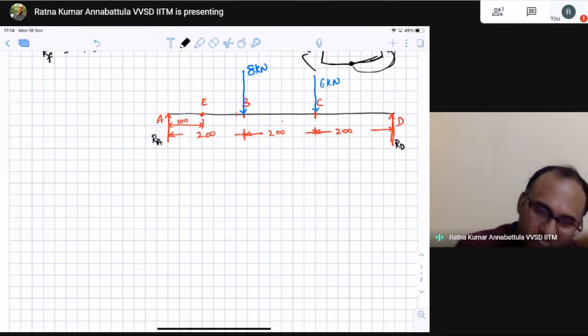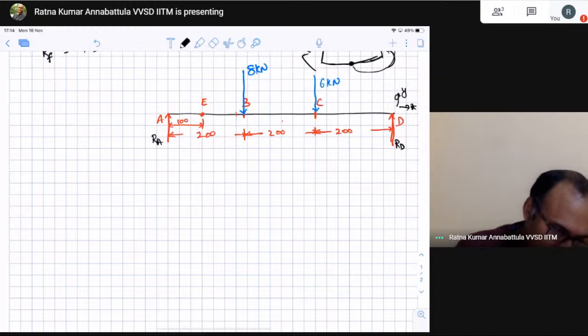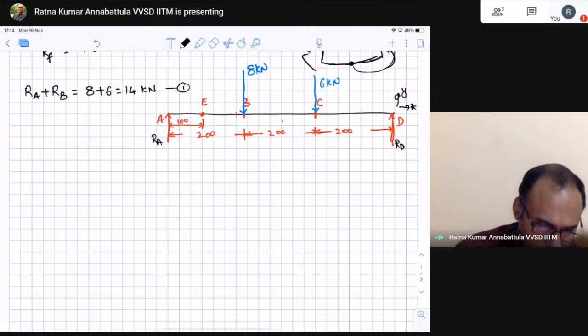There are no forces in the x direction. Let us say this is my x direction and that is my y direction. So for force equilibrium, RA plus RD should be equal to 8 plus 6, that is 14 kilonewtons. That is your first equation.